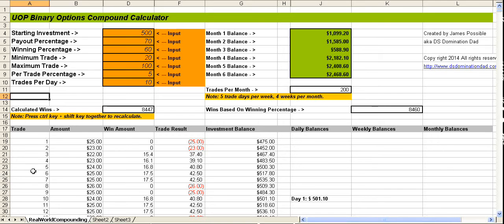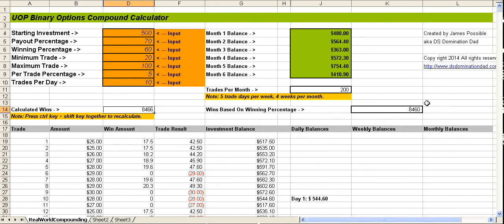So where one person's account might just boom, another person with the same percentage rate might have a completely different outcome. So shift F9. Yeah, and these are really close. 84.66, 84.60. And look, your first month, you're down $20.